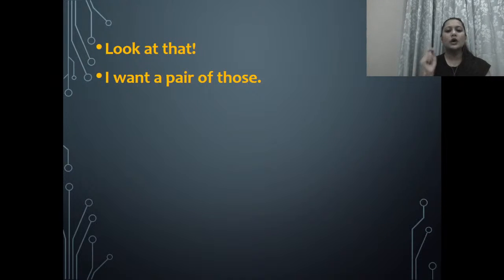I have just pointed out towards those denims which are being kept there, but I have not used the word pair of jeans or denims. Instead of that, I just said those. So pair of jeans or denims is replaced by a pronoun.